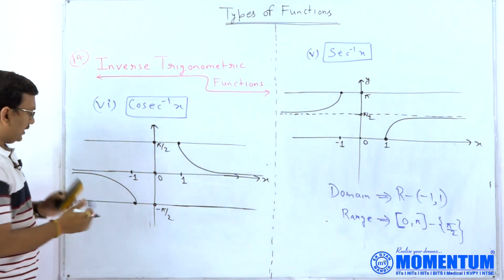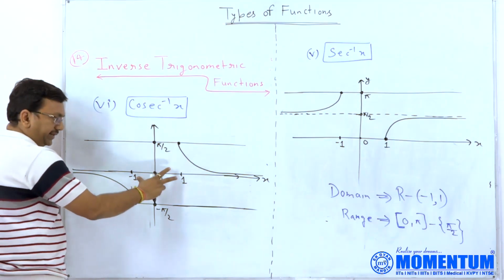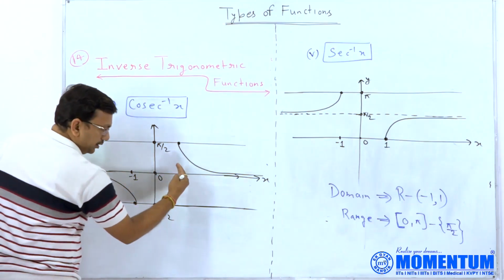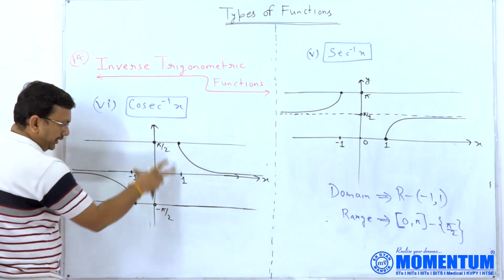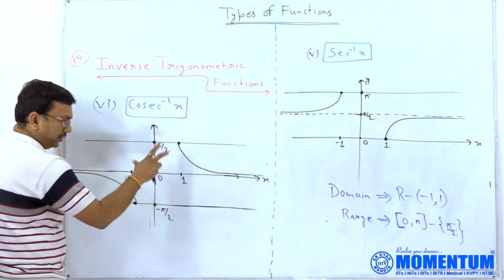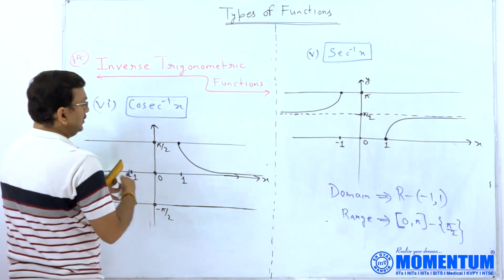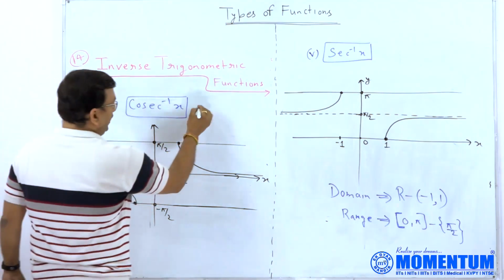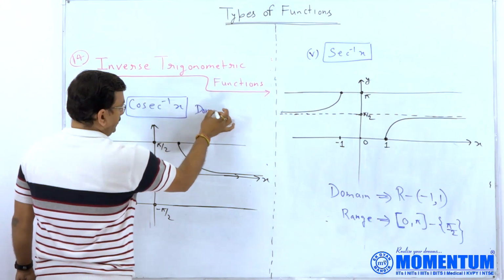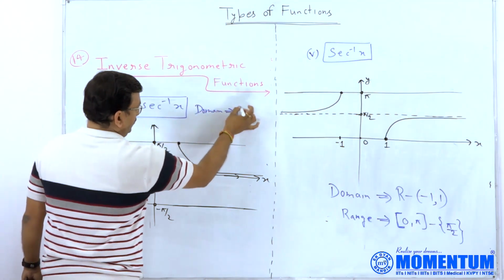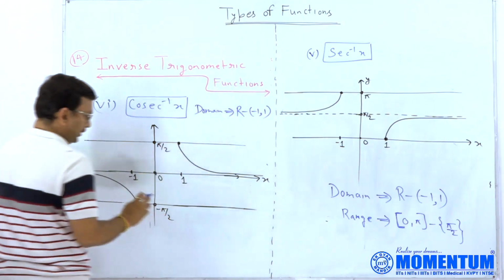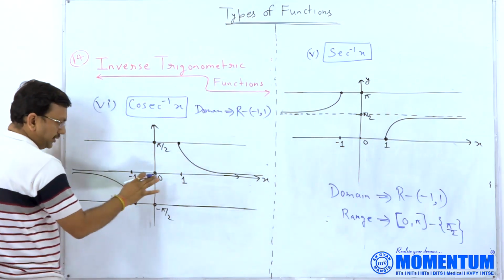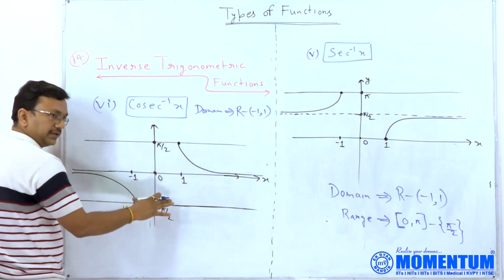There is no diagram between -1 and 1. On the x-axis, the diagram is on the right of 1 and on the left of -1. So when we are writing the domain, we will have to exclude the interval -1 to 1, because on the x-axis we are not using -1 to 1.